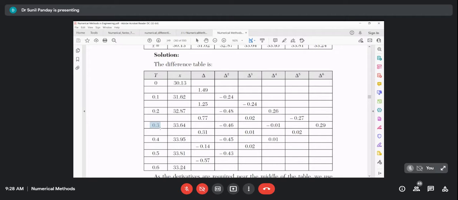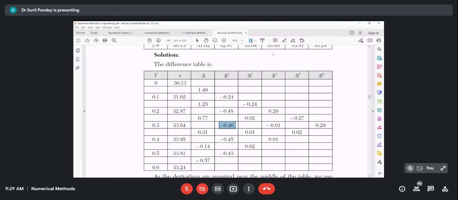If this is t naught and this is t minus 1, then it is x of minus 1. If it is t minus 2, it is x of minus 2, and t minus 3, x of minus 3. So this is x naught, delta x minus 1, delta 2 x minus 2.